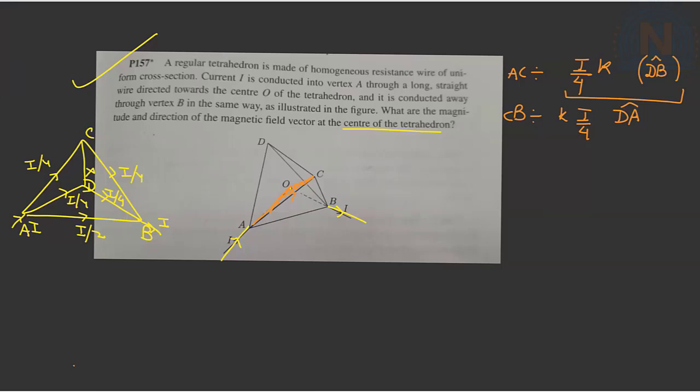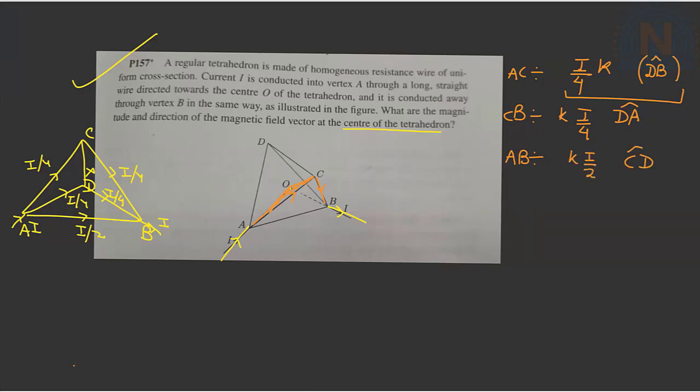For CB, DA cap will come, because the direction of current is along C to B. So DA cap. Then I want to write AB. AB is coming out as CD cap. It is below, right? For AB, CD cap is coming up. And this one is K into I by 2.